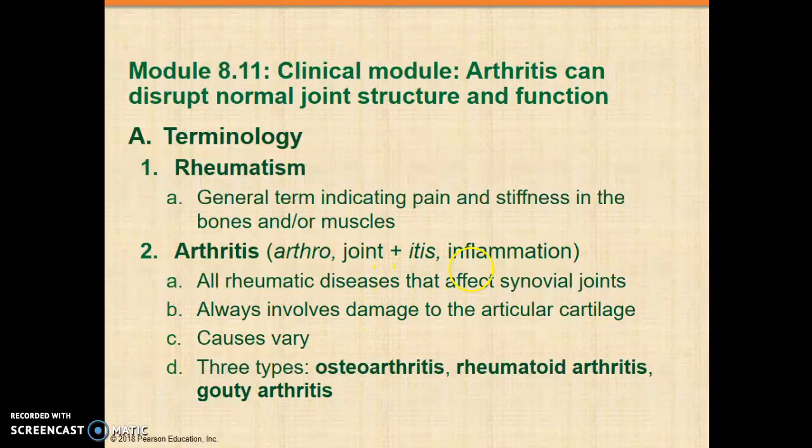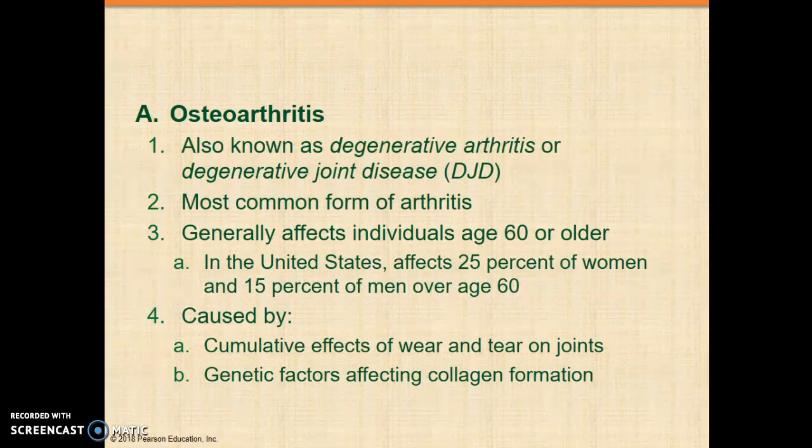There are 3 types of arthritis: osteoarthritis, rheumatoid arthritis, and gouty arthritis. Osteoarthritis is also known as degenerative arthritis or degenerative joint disease, DJD, and it's the most common. It affects people older than 60, and it's caused by wear and tear on the joints as well as genetics.